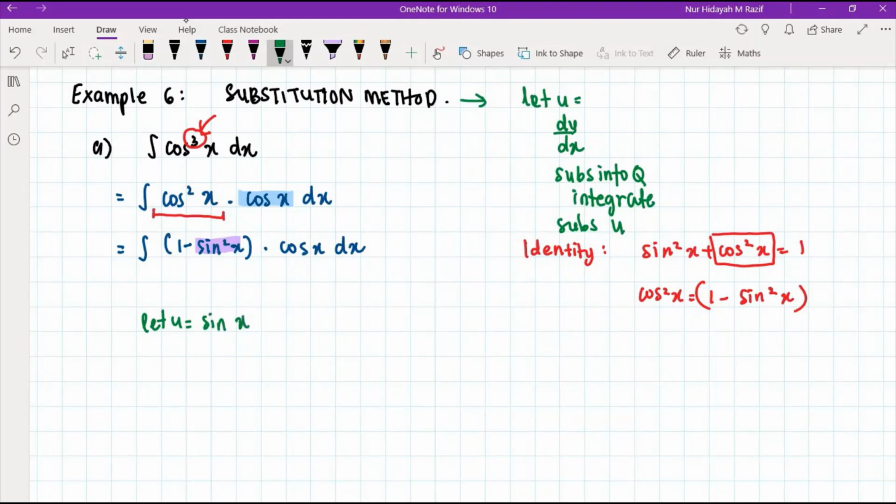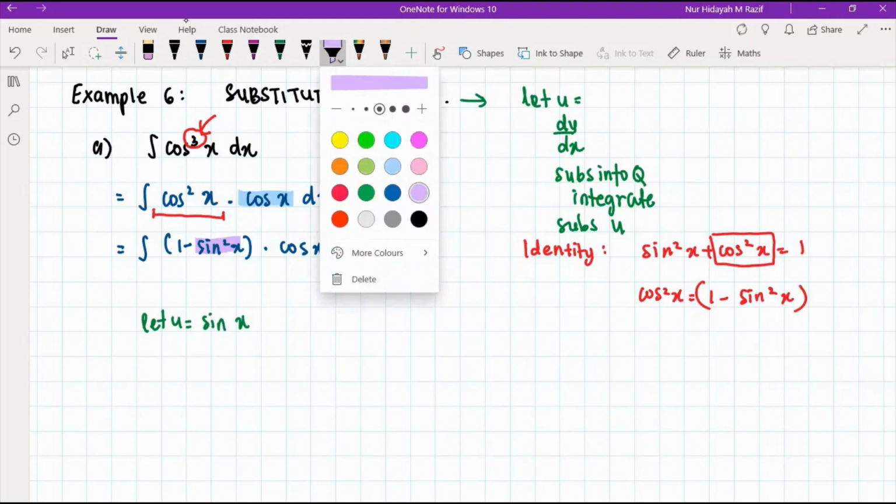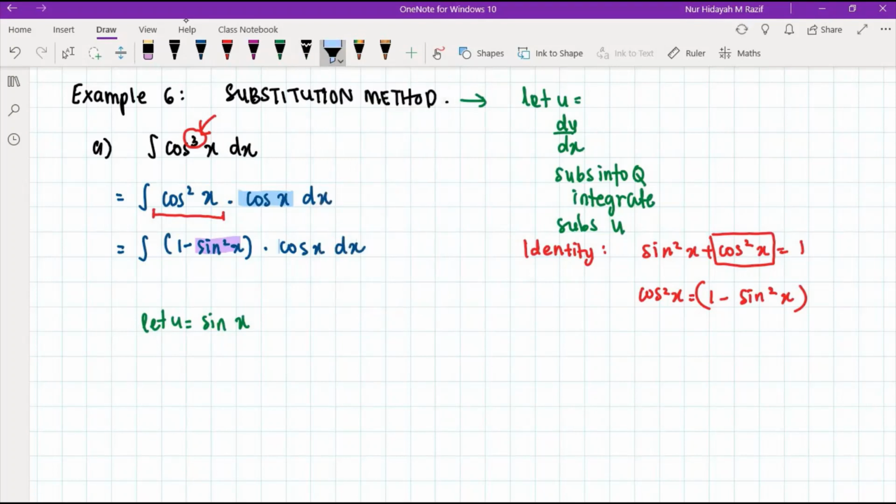I take sine x only because I need to make cos x disappear. So how do I get cos x? I need to differentiate sine x. So u is equal to sine x, then du dx is cos x. Rearranging that, dx is equal to 1 over cos x du.